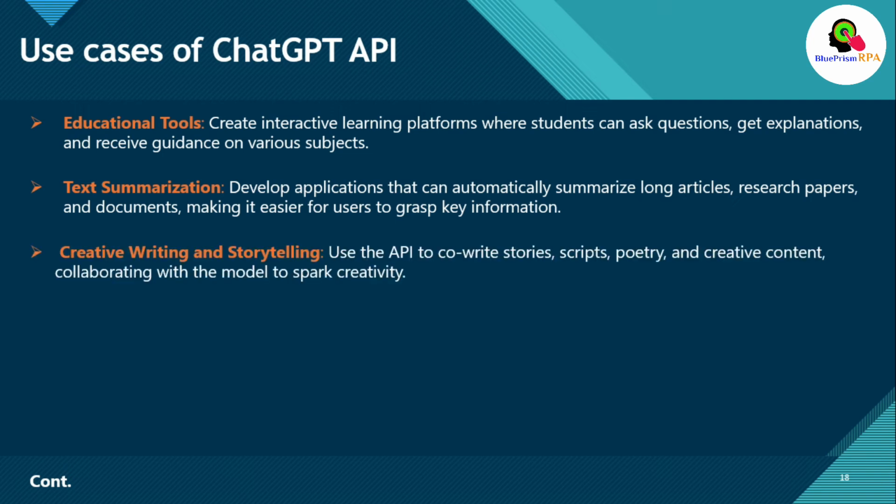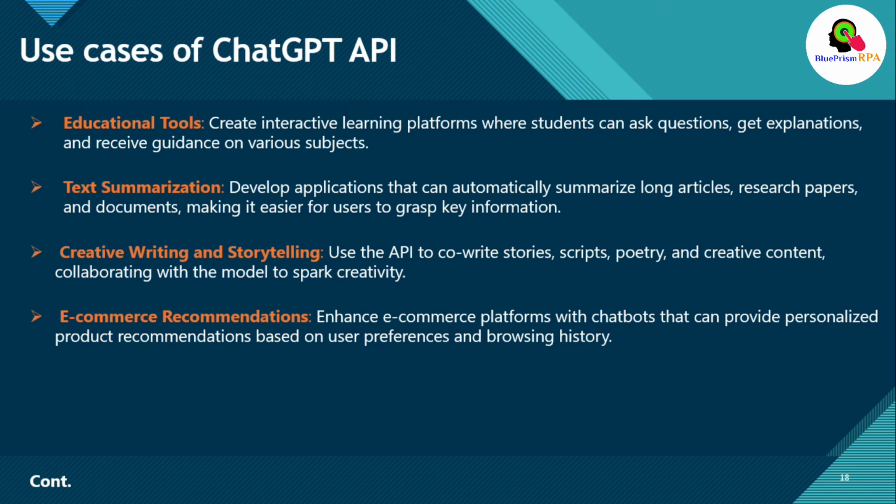Creative writing and storytelling. We can use the API to co-write stories, scripts, poetry, and creative content, collaborating with the model to spark creativity. E-commerce recommendation. We can enhance e-commerce platforms with chatbots that can provide personalized product recommendations based on user preferences and browsing history.